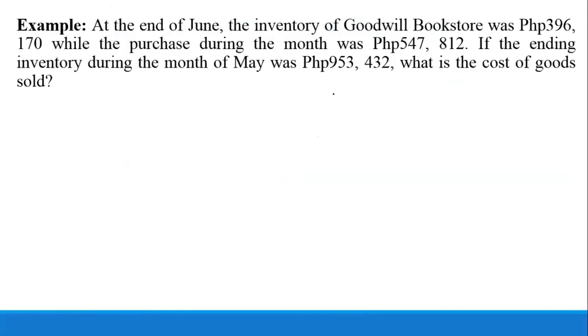Okay, now let's have an example. At the end of June, the inventory of Goodwill Bookstore was 396,170 pesos, while the purchase during the month was 547,812 pesos.